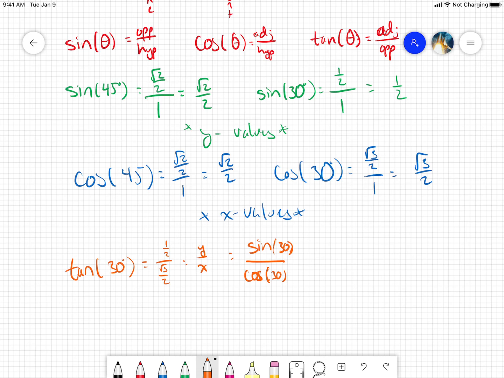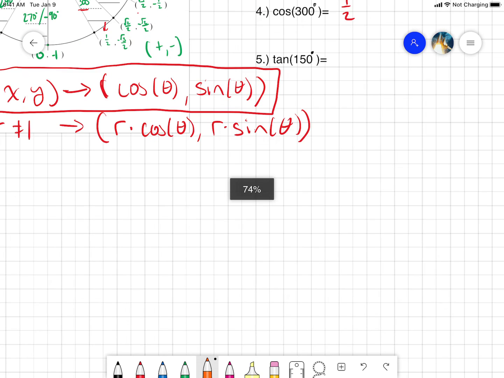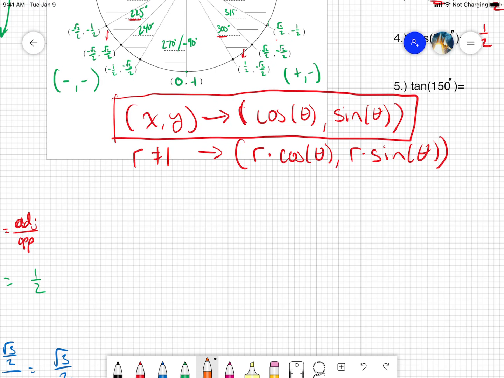Okay? So another way of thinking about tangent: my x-coordinate is cosine of the angle, and my y-coordinate is sine of the angle, then tangent of my angle is equal to sine of my angle over cosine of my angle, right?